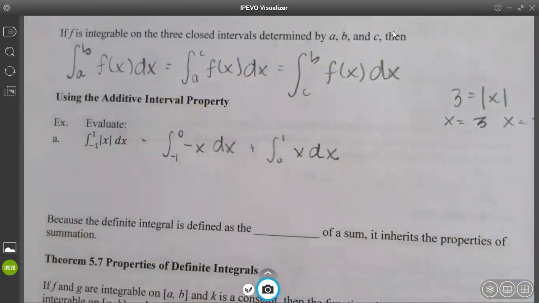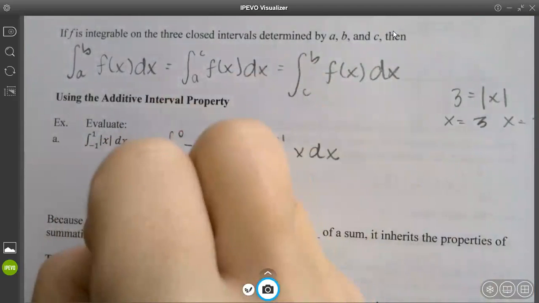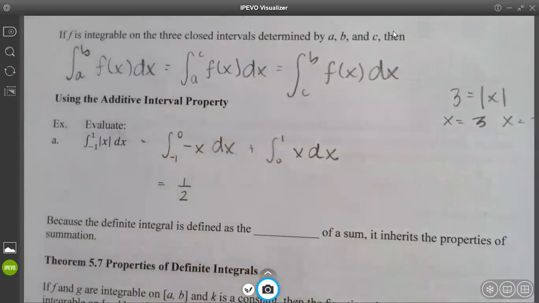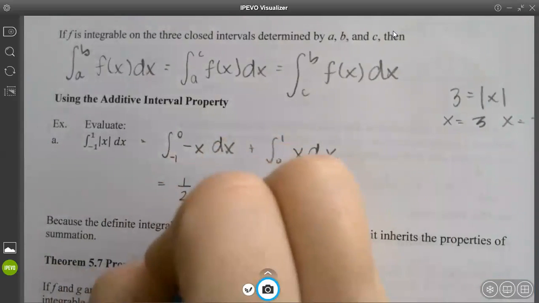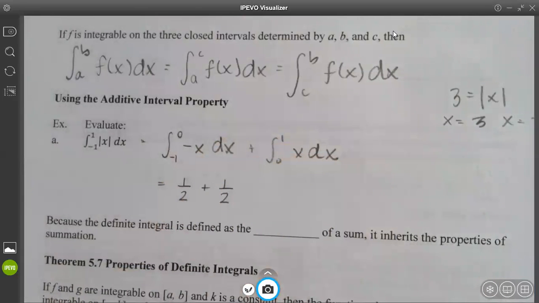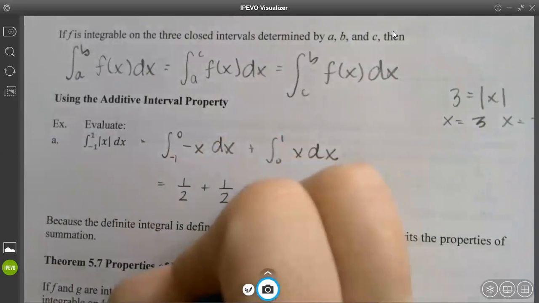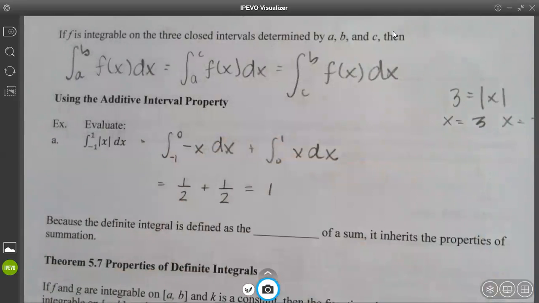We can do our formulas. We can graph this negative x and do our geometric formulas that we just did. I'm just going to go ahead and tell you that this area is 1/2, how you said we were splitting it in half. The other area is also going to be 1/2, which adds to a total area of 1.